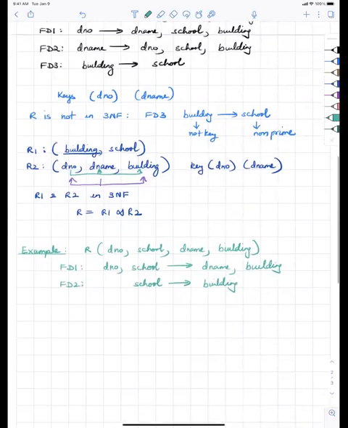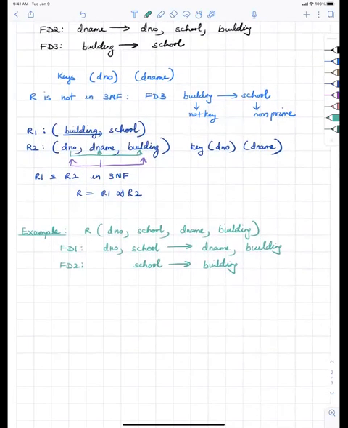So the question again is: is R in third normal form? We know that the key out here is D number and school together, because D number and school determine all the other attributes.